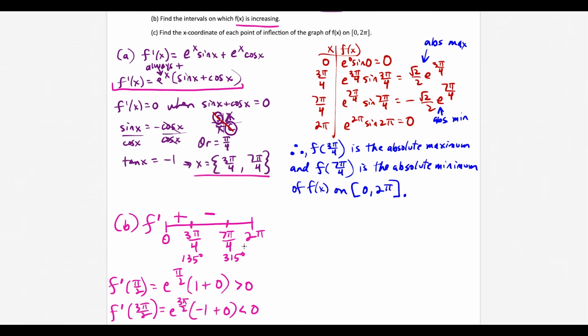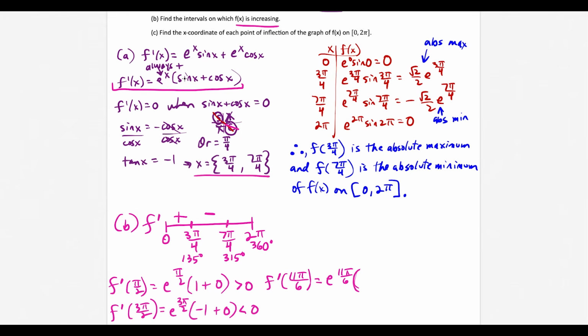And now this one might be a little bit tricky. Which angle could we plug in between 315 degrees and 360 degrees? That would be 330 degrees, because that's a 30-degree reference angle. In radians, that would be f prime at 11 pi over 6, because if we go one more pi over 6, that would be 12 pi over 6, which would bring us to 2 pi. If we plug this in, we're going to have e to the 11 pi over 6, multiplied by sine of 11 pi over 6, and be mindful that we're in quadrant 4. 11 pi over 6 is this angle over here in quadrant 4, with a reference angle of pi over 6 or 30 degrees.